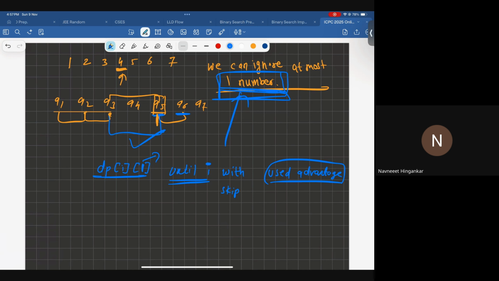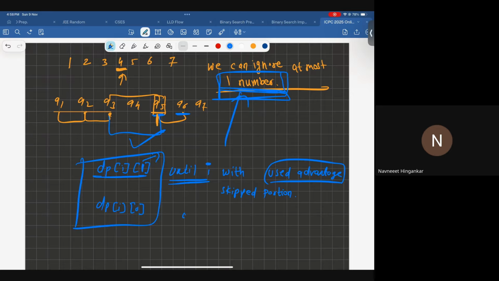Similarly, DP[i][0] means we haven't skipped anything. We are just combining it with the previous cost. And that's it. This is our DP.